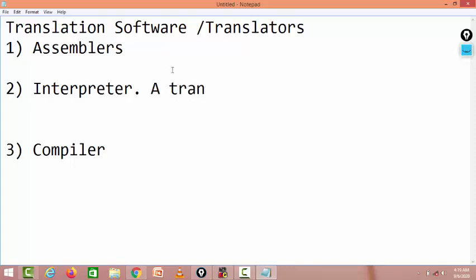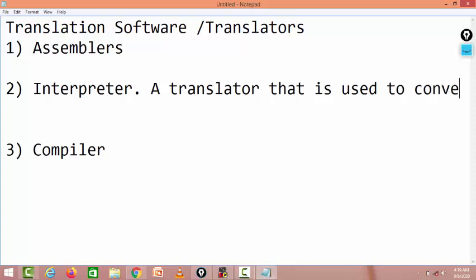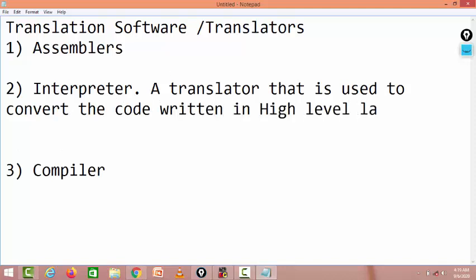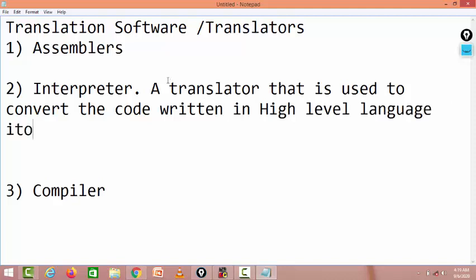Basically, the interpreter is used only in high level languages, to convert the code written in a high level language into machine language.